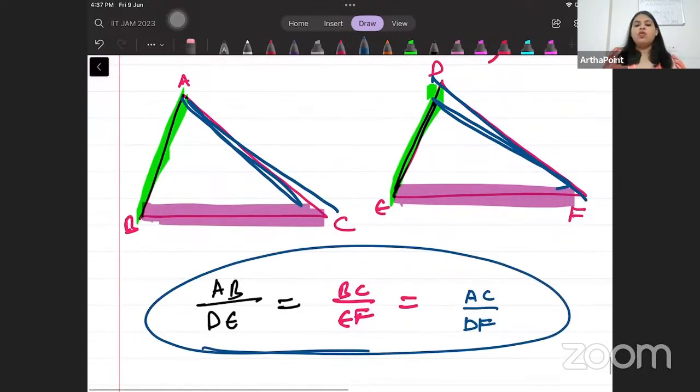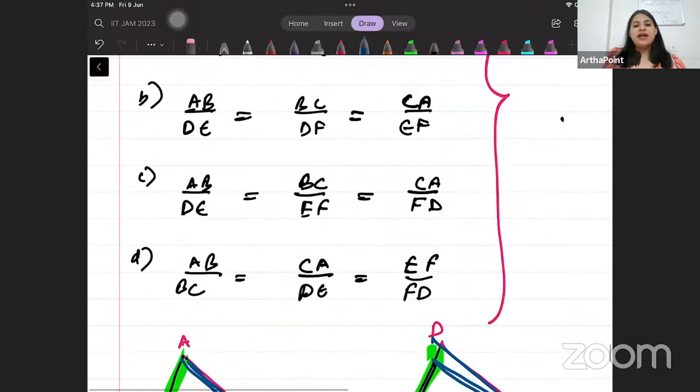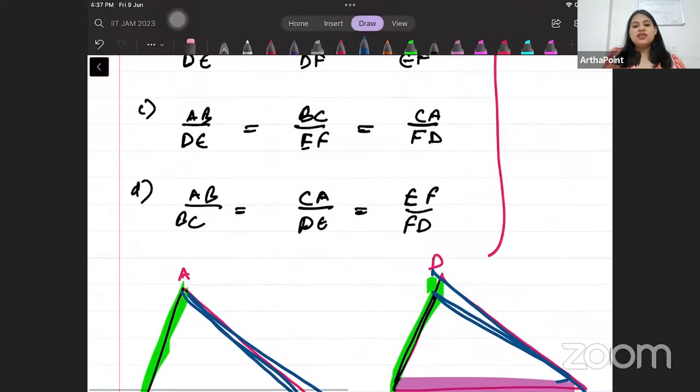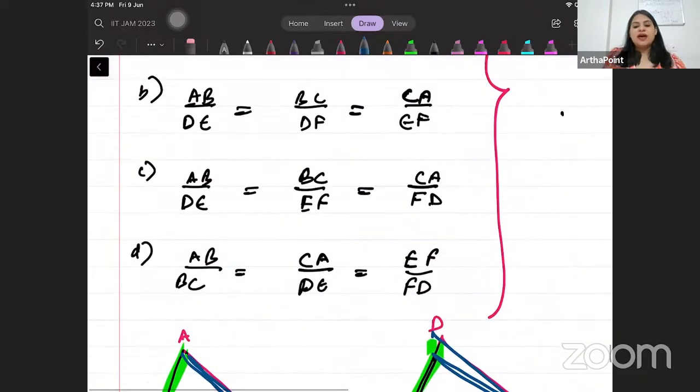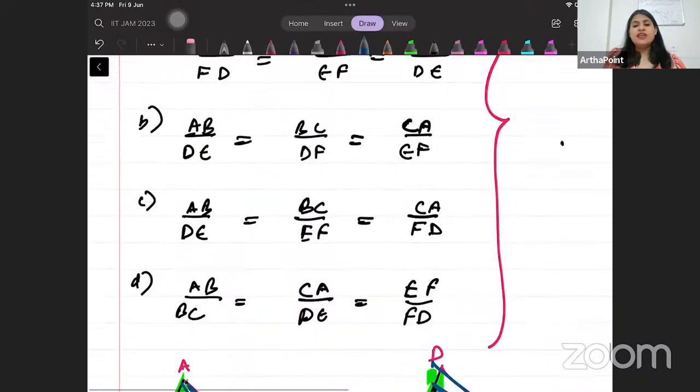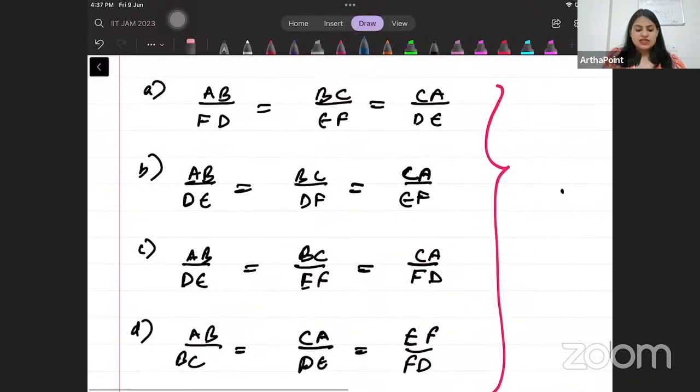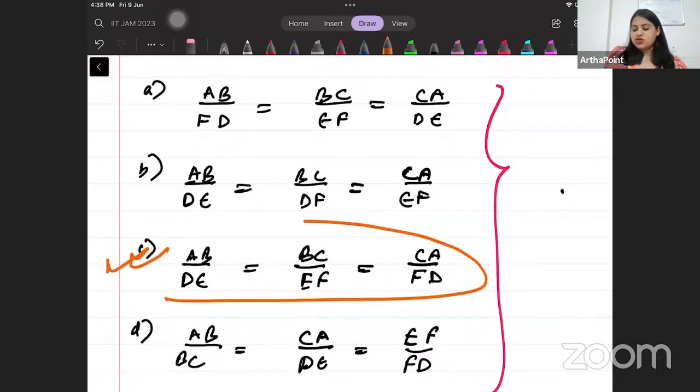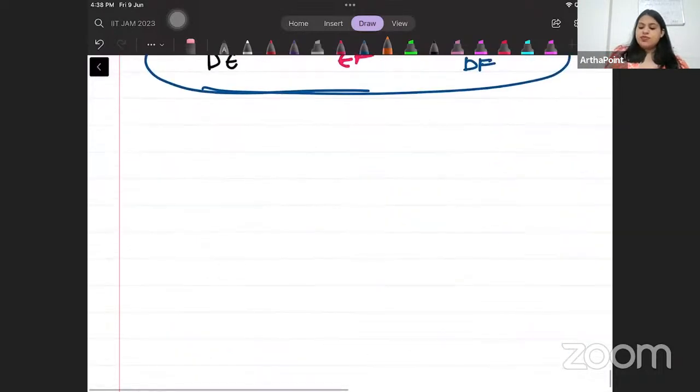This is what should hold true. So AB by DE equal to BC by EF is equal to AC by DF. This is satisfied in answer C. So the answer to this question is C. We just did the properties of similar triangles now. Okay, now let me give you the next question.